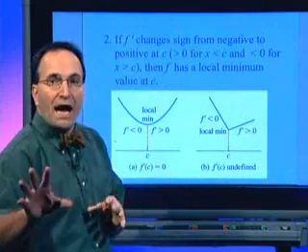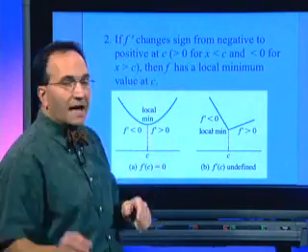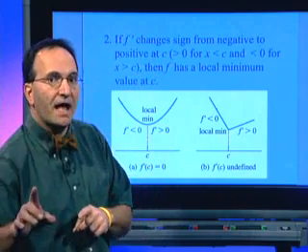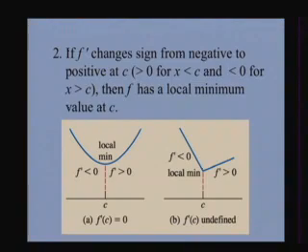If f prime changes sign from negative to positive at c, then it has a local minimum point. So once again, you can see very quickly we have our slopes, which are negative, and then when they cross at c, where it's exactly 0, they then become positive slopes.